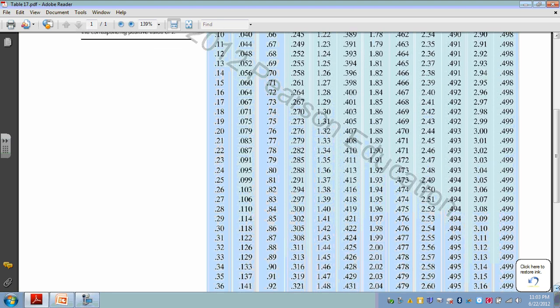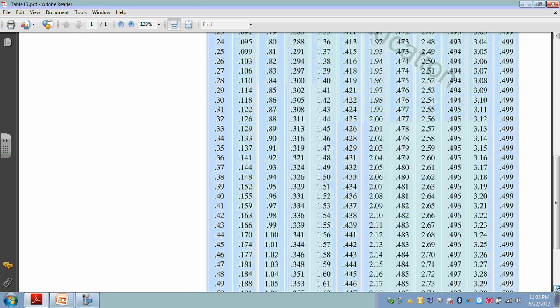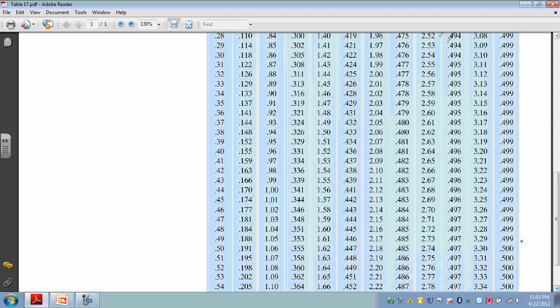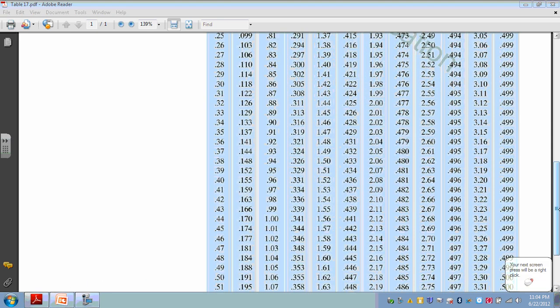So you'll notice that when the z-score is 3, the area under the curve is 0.50 because it's 50%. Again, this table doesn't go beyond 3 because a value beyond 3 standard deviations is rarely ever going to happen.